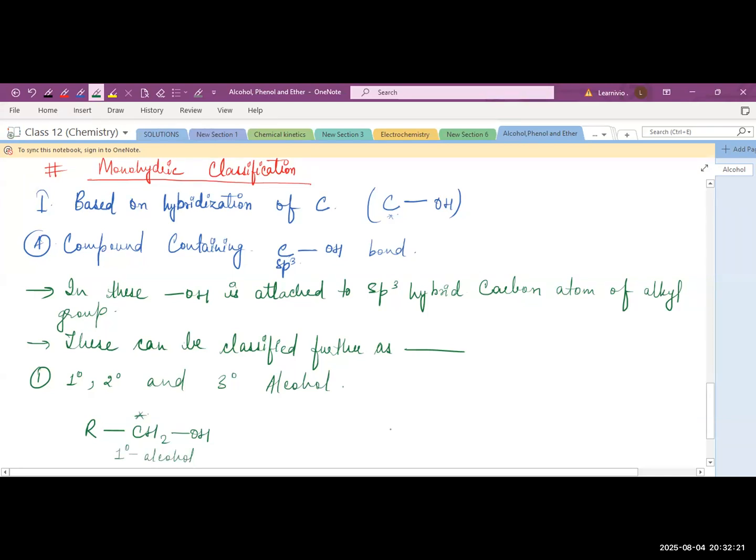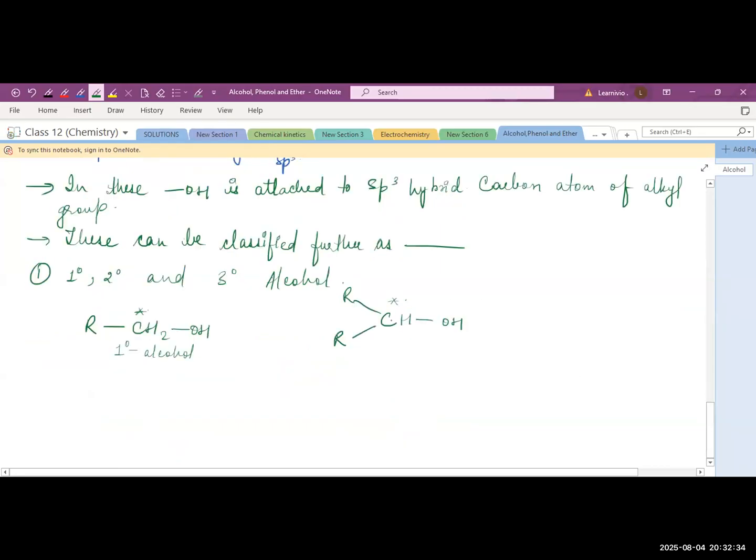So this is your primary alcohol. Now see, suppose if there is a CH group and OH is attached here, and there are two substituents over here, right? Now you can see again, this is your secondary alcohol. Similarly, तertiary के case में क्या होगा?